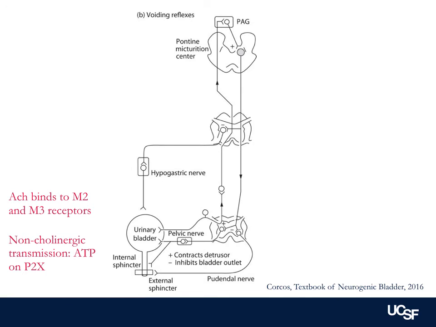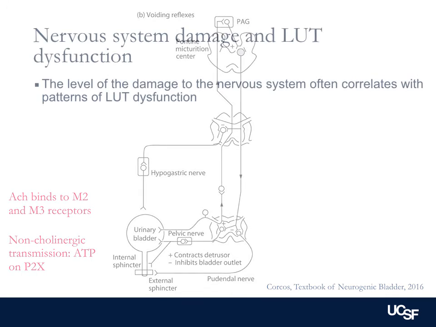You can also have non-cholinergic transmission of ATP, which binds to P2X, which is a purinergic receptor in the bladder muscle, and both of those cause bladder contraction. And as a side note here, we're all familiar with anticholinergic medications. These are aimed to block the binding of acetylcholine to the muscarinic receptors and hence inhibit bladder contraction.